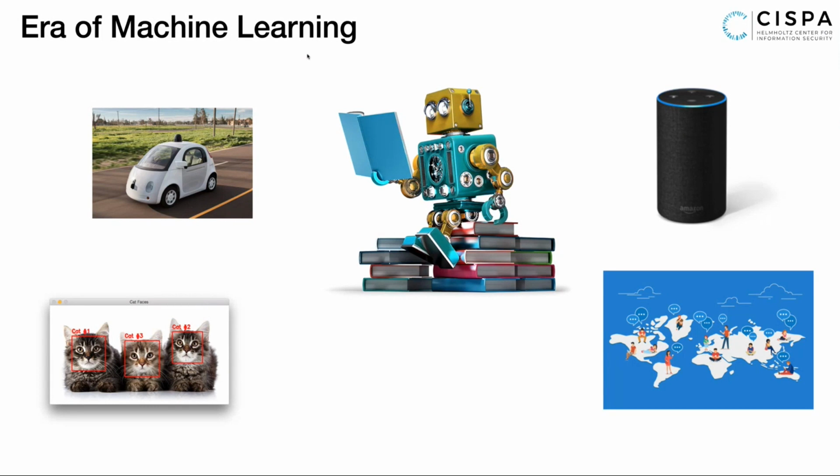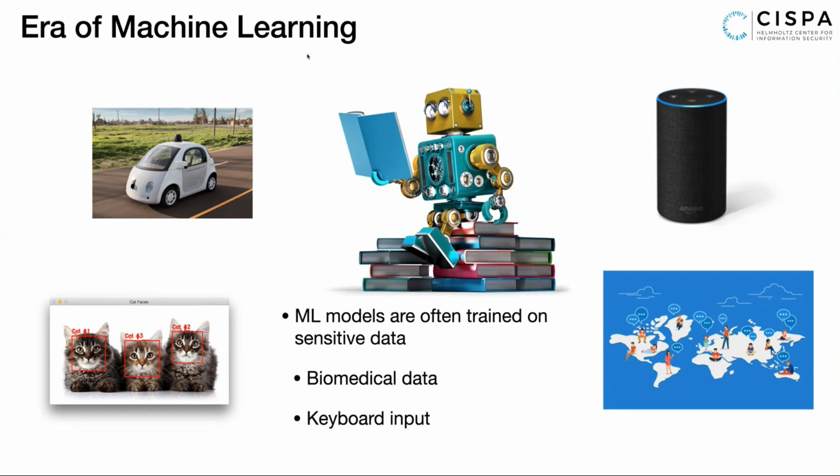On the other hand, the reason that machine learning models achieve such good performance is that they use high quality data that is being collected every single minute of our life. However, in many cases, the data that machine learning models are trained on contain sensitive information.